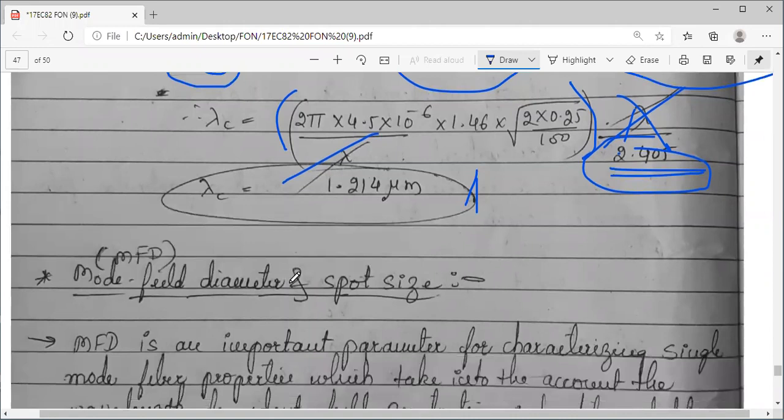Now coming across the next topic, next concept, that is mode field diameter, or in short, it is called MFD. So many times in your question paper, if you come across MFD, don't think that it is not a covered concept. MFD stands for mode field diameter and spot size.